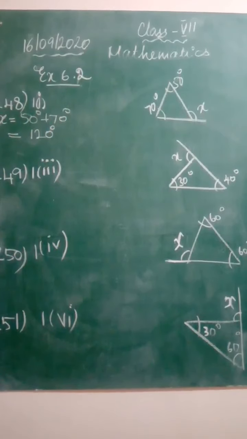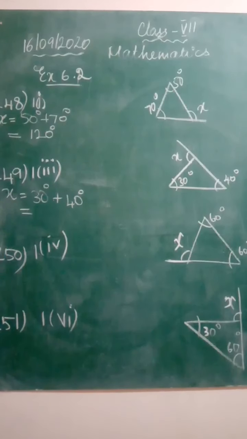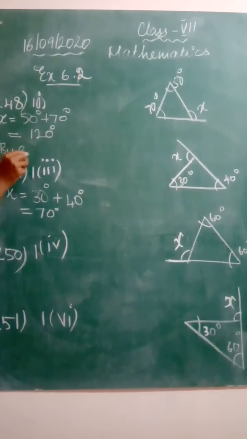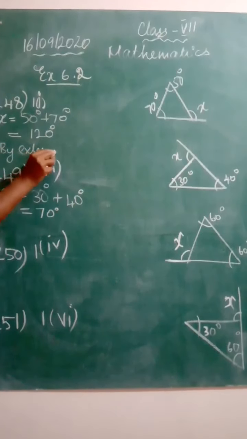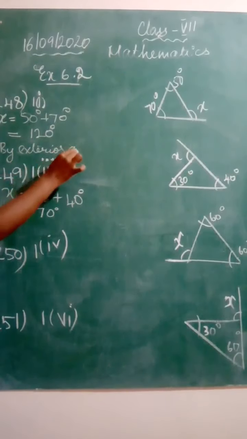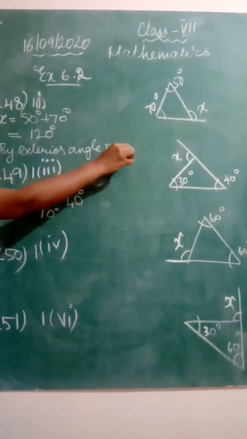Okay, next, in the third question, here also x is equal to the sum of interior angles, that is 70 degrees. So in both cases we use the exterior angle property.